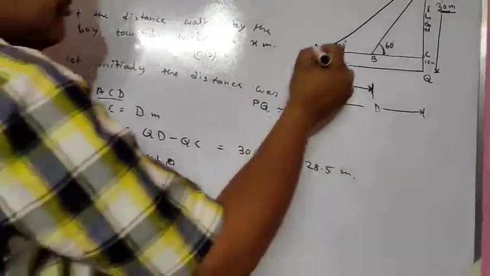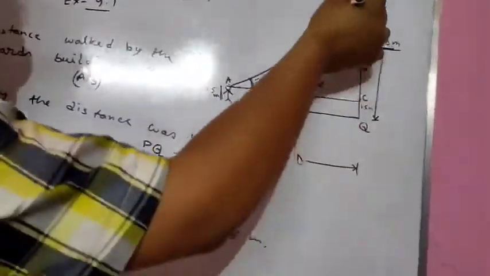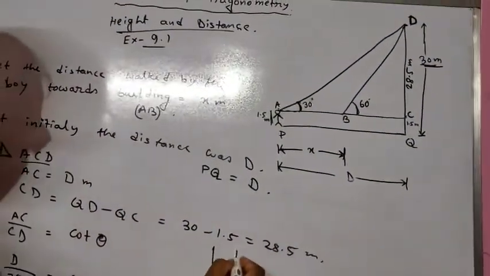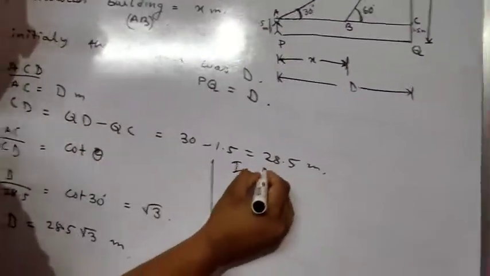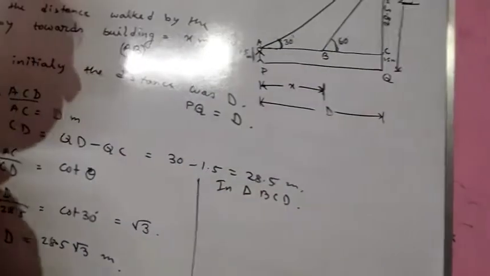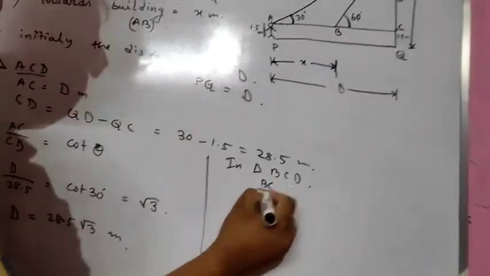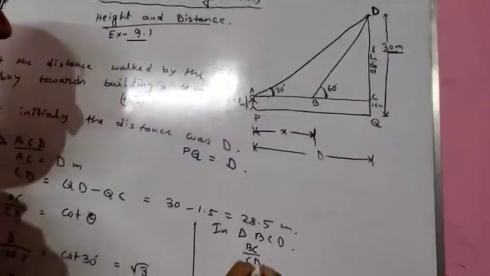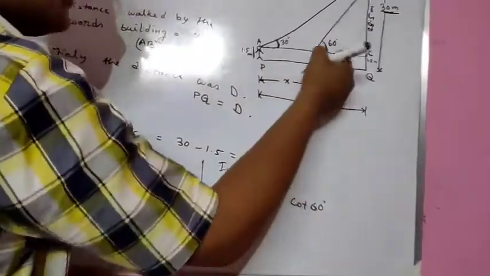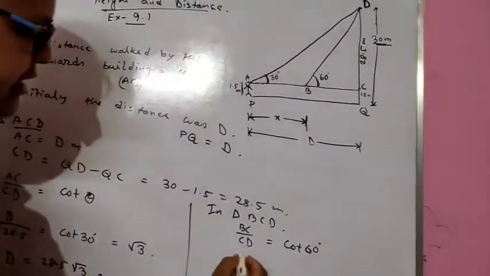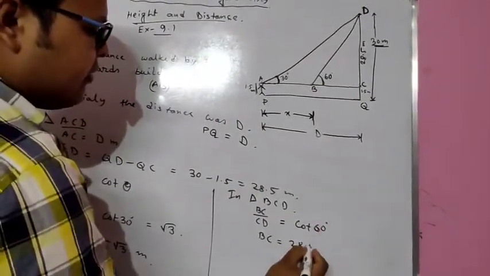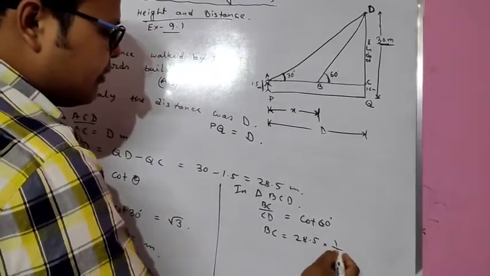Now once we have the value of D, we can try to find the value of BC. In triangle BCD, BC divided by CD will again be cot 60, as we are doing base by height. So BC from here we will get 28.5 into 1 by root 3.